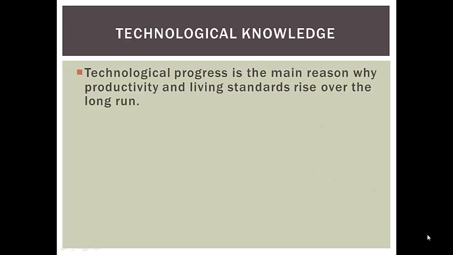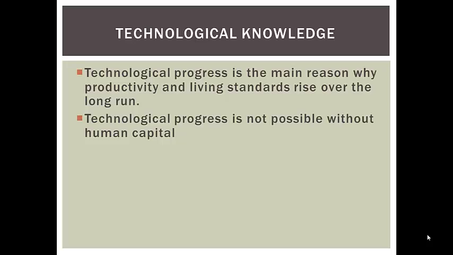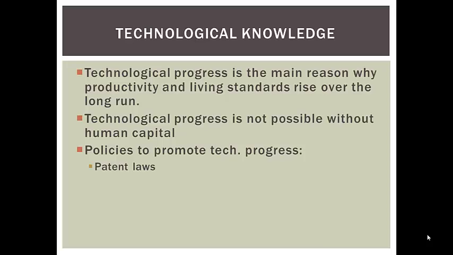We can also say that technological knowledge or technological progress is pretty much the main reason why productivity and living standards rise over the long run. It's not possible without human capital. So we need to try to improve our human capital and promote technological progress if we want to increase productivity and if we want to improve our standards of living. How do we do that?